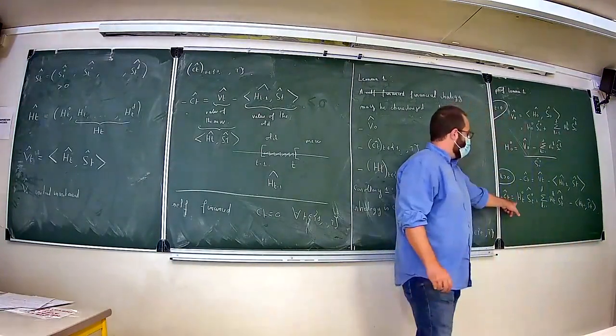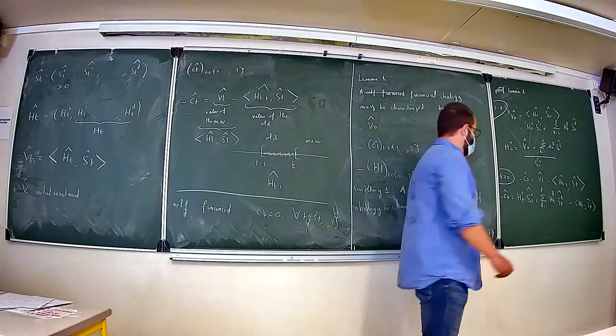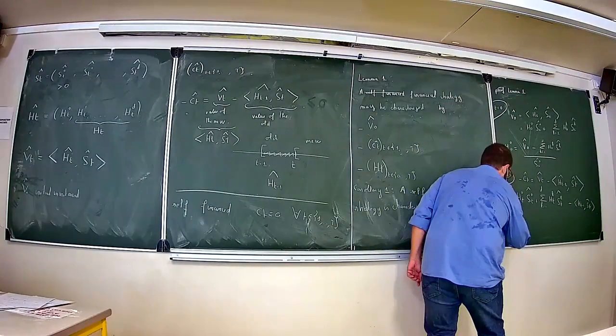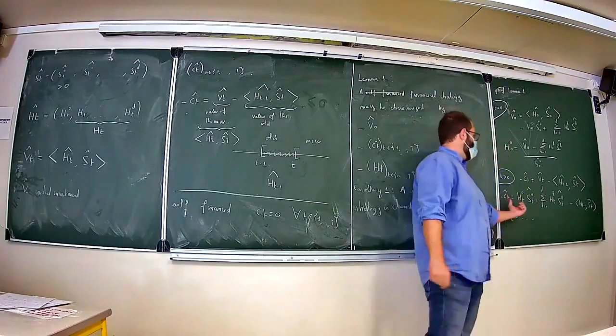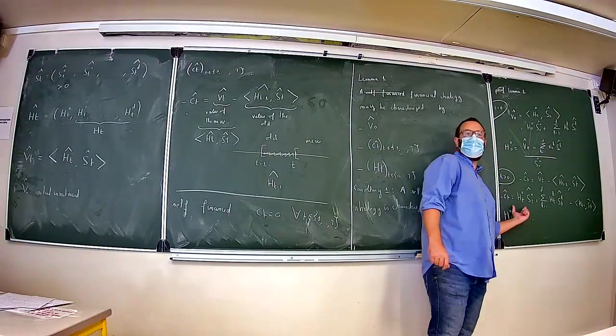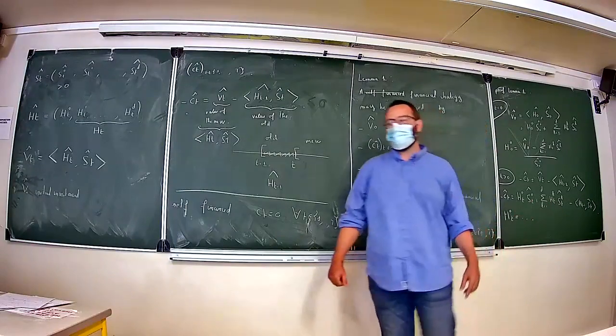And what you can do from this line is to extract H_t^0, which is just a basic algebraic manipulation of the previous line.